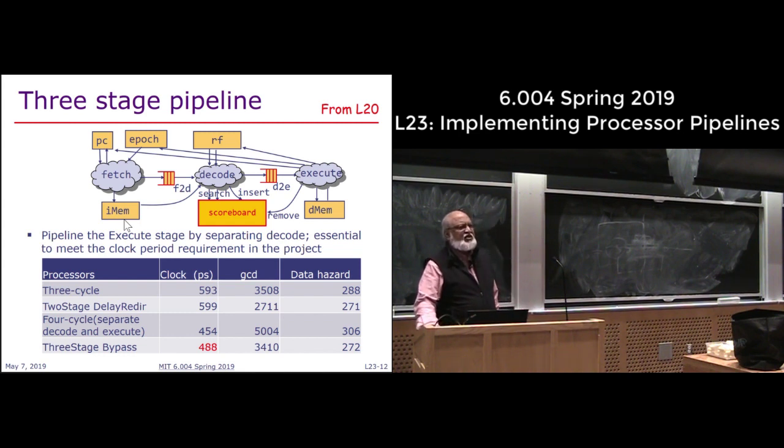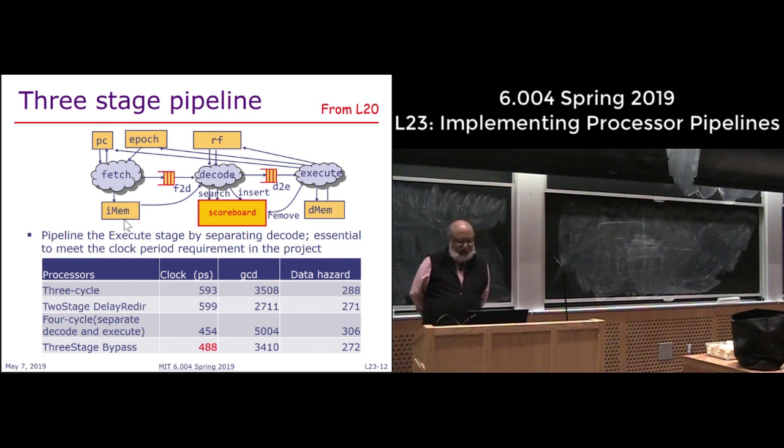So that suggests to you that if our goal is to have a very fast clock, we really have to split this stage. Now, if you're going to split the stage, then it also makes sense to ask the question, can I pipeline it? Can I do decode and execute in parallel? And that's what you will have to do in your project, because unless you do that, you're unlikely to meet the timing specified in that project.